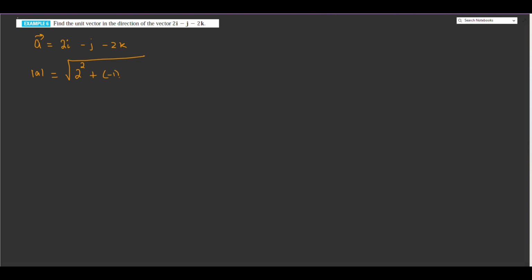You can apply the formula 2 square plus minus 1 square, because the coefficient of j is minus 1, plus minus 2 square. So this is equal to the square root of 4 plus 1 plus 4, which is the square root of 9, which is equal to 3, and 3 is not equal to 1, so a is not a unit vector.